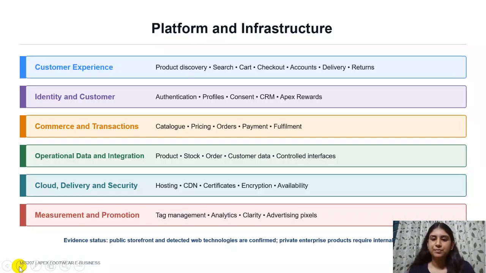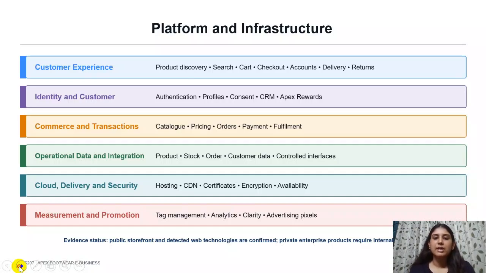Operationally, product, stock, order, and customer information must connect with internal processes. The platform also includes cloud delivery, security, and measurement technologies. However, we need to make an important distinction. The public storefront and detected technologies are confirmed, but private enterprise systems require internal validation.